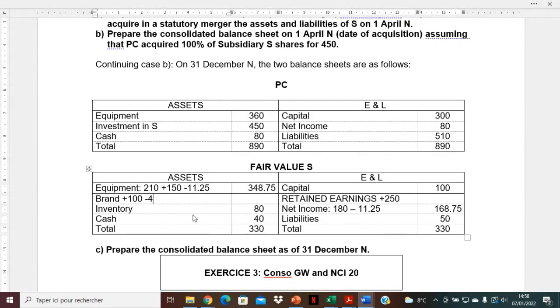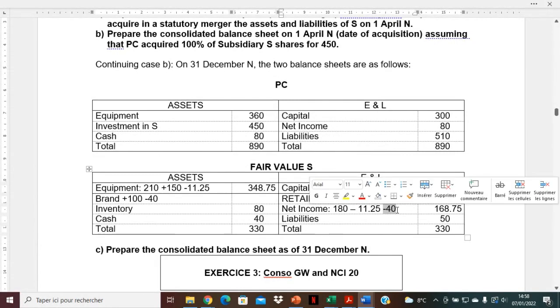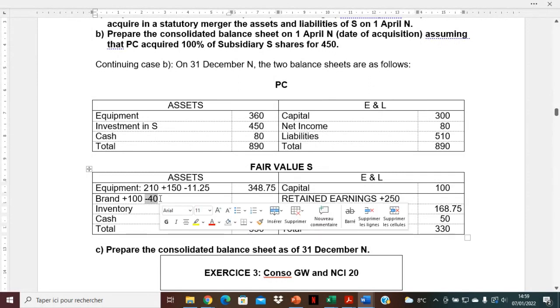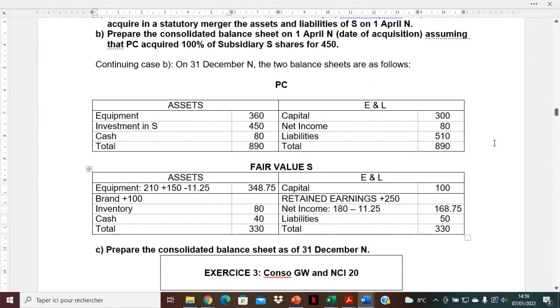Well, then I would deduct 40 from the brand value, and I would account for an impairment loss in the income statement of the year I do the impairment. Minus 40, etc. If there was a loss on goodwill, I would do the same thing. Okay? So it's pretty much straightforward and regular accounting, but based on the fair valued balance sheet of S.